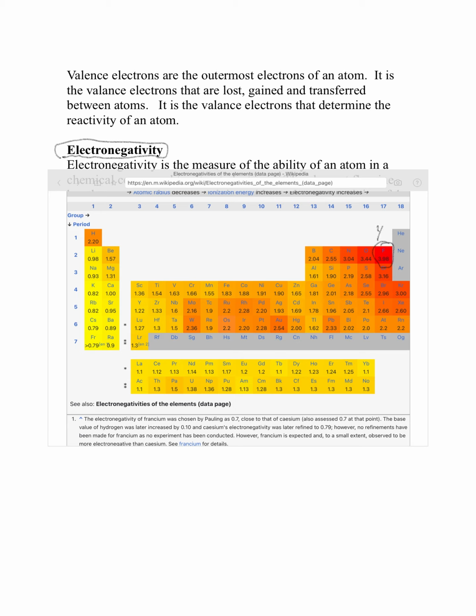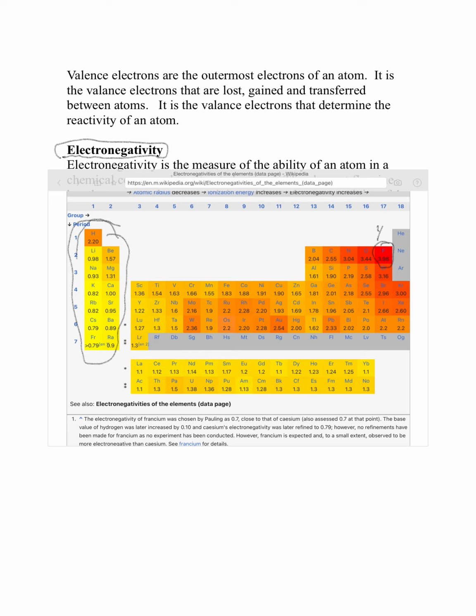All of the other elements in the periodic table are compared to the electronegativity of fluorine. It has the highest. And if you go down to the metals in groups 1 and 2, you notice that these have the lowest electronegativity.